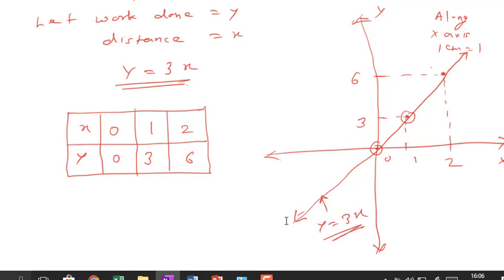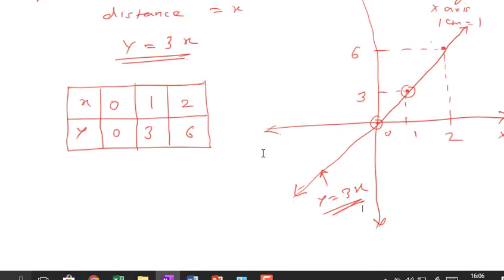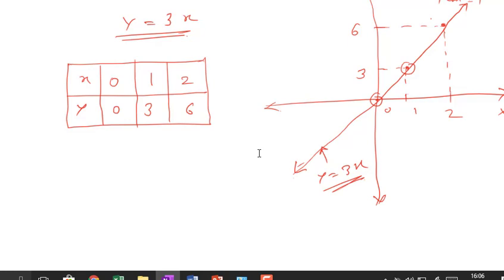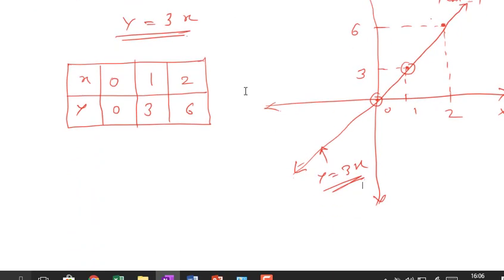Now what is asked: what is the work done when the distance travelled is 2 units? So when x is 2 units, what is y? Verify it by plotting the graph. So when x is 2, we have y equal to 3 into 2, which we get 6, and this we verify from the graph.